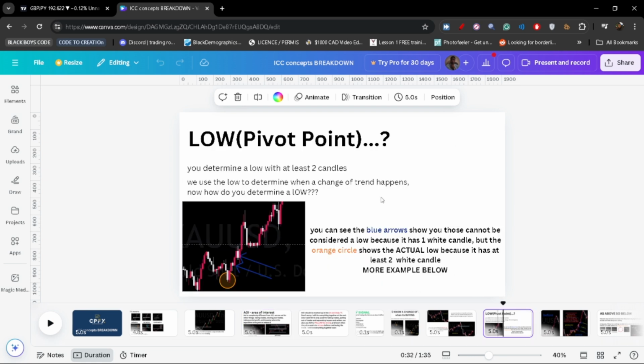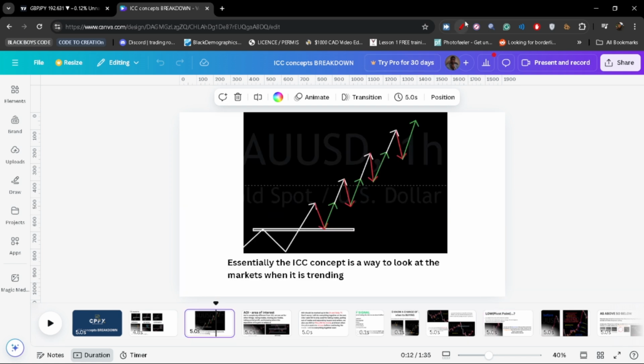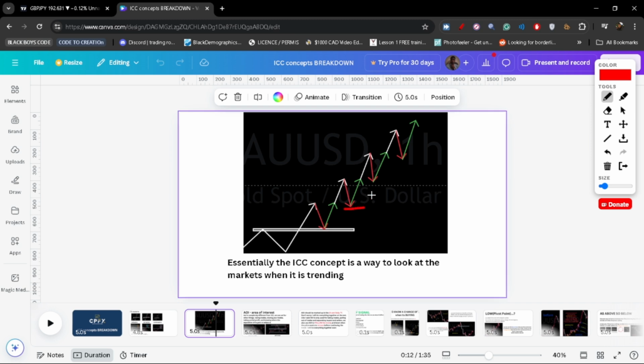You have to understand what the pivot lows are. So like I told you, it's your job to understand what these lows are. So in the case of an uptrend, where price is literally going up right now, you can see that the pivot low is going to be this pivot low here.